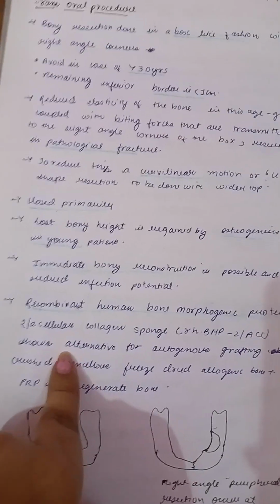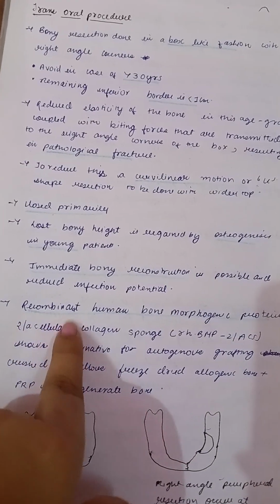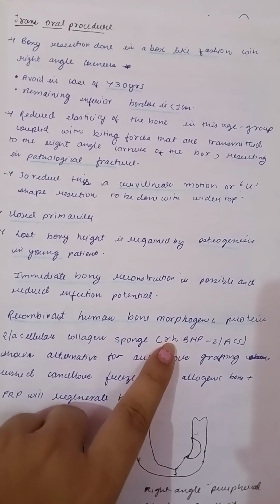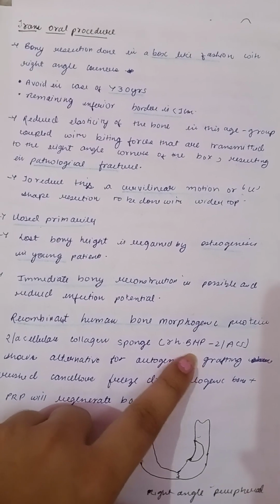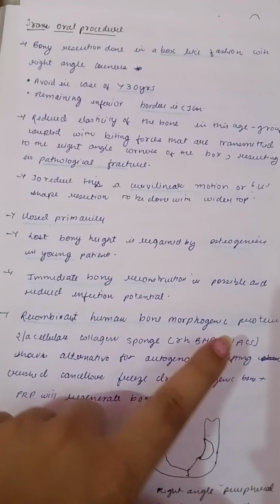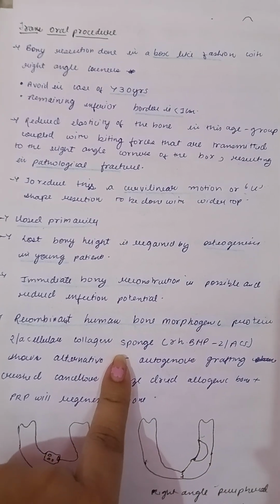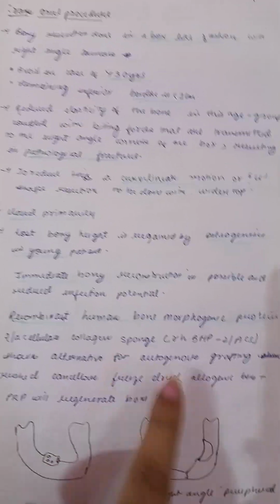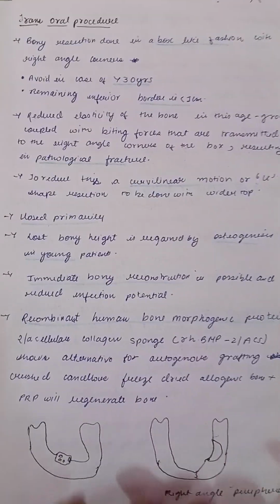Okay, we can use recombinant human bone morphogenic protein, that is rhBMP. Other things we can also use, we'll deal with in the last class. I'll let you know what all extra things we can use other than grafts.